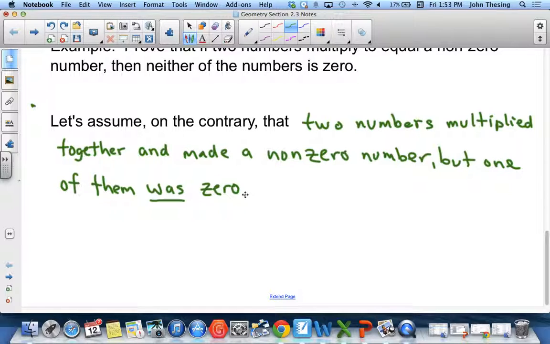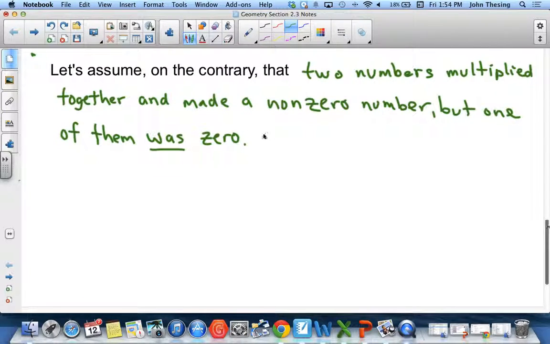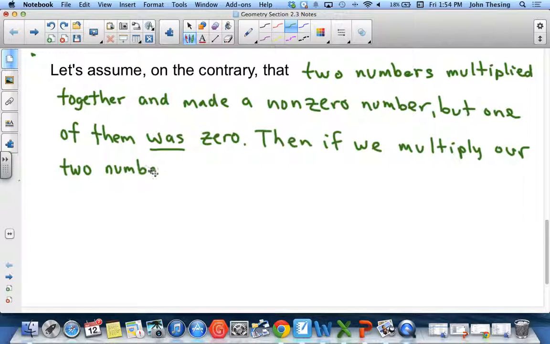So let's multiply our two numbers together. Let's say one of them is 0, and let's make x the other number.